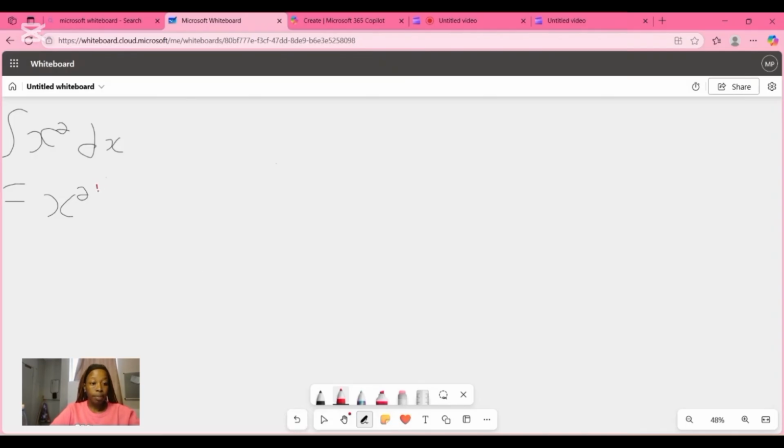This is the first step. You add 1 on the exponent. Also, you divide by the exponent plus 1. And you shouldn't forget adding your C. Okay?